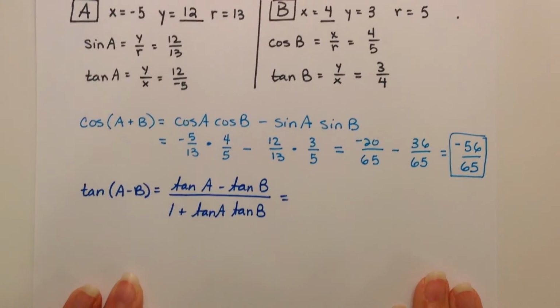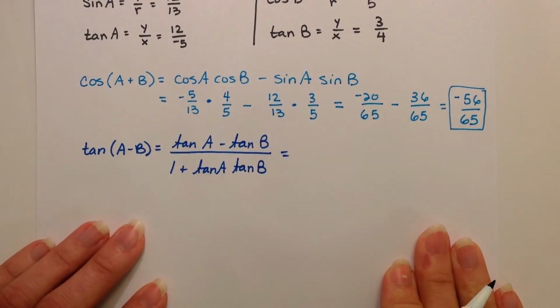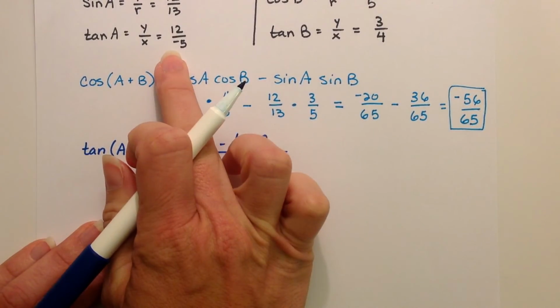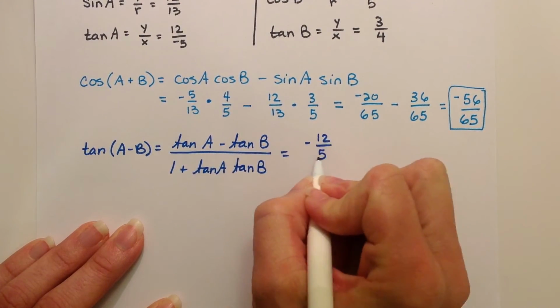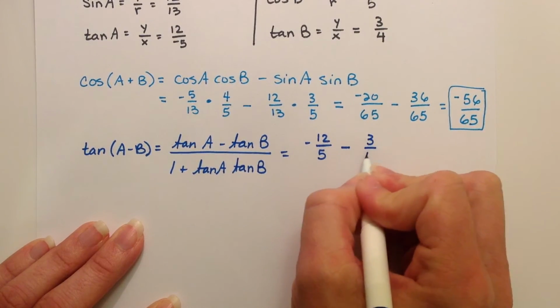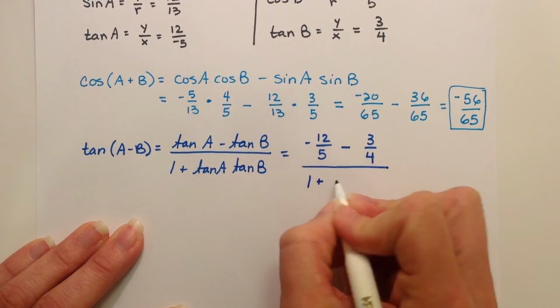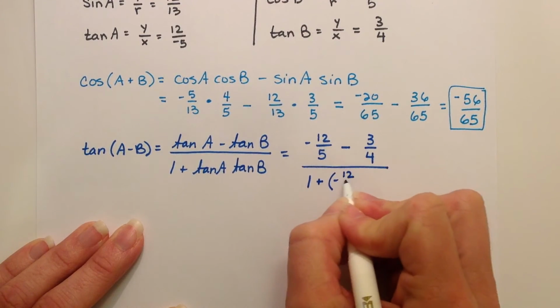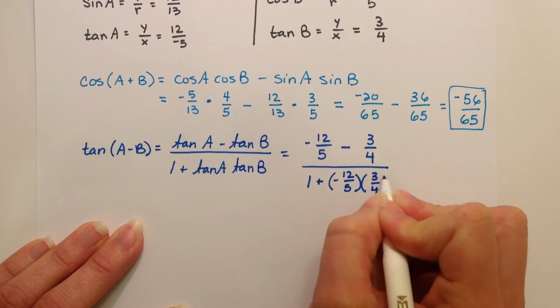Okay, so again, just replacing the values from what we had found. So tangent A is negative 12/5 minus tangent B, which is 3/4, divided by 1 plus, and then you'd have the negative 12/5 times the 3/4.